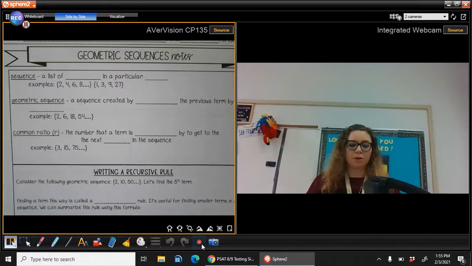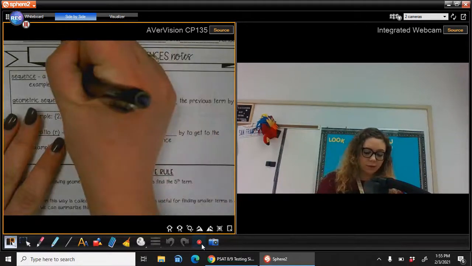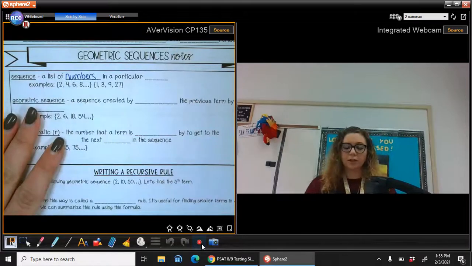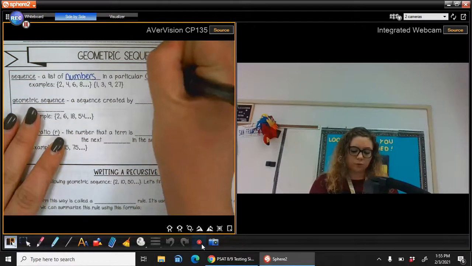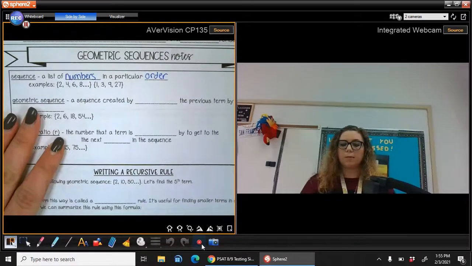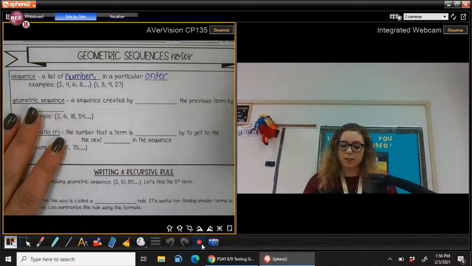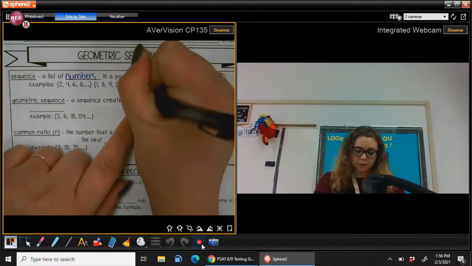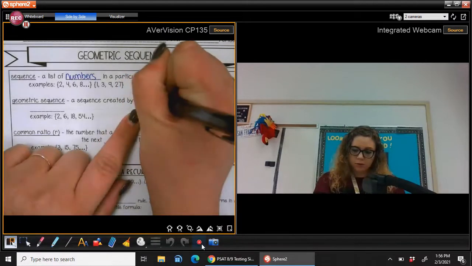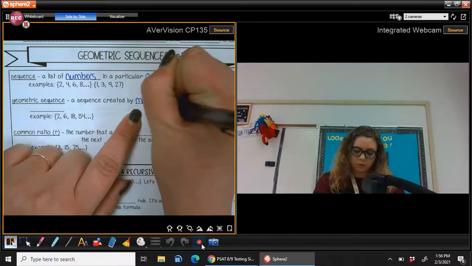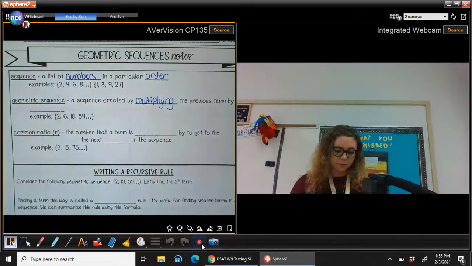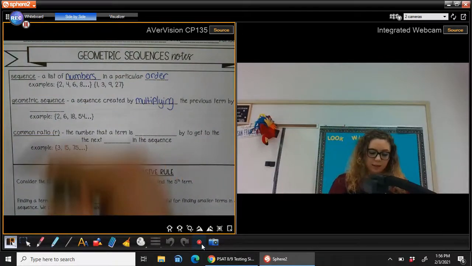So let's just start from what a sequence is. A sequence is a list of numbers in a particular order. A geometric sequence is a sequence created by multiplying previous terms by a constant.